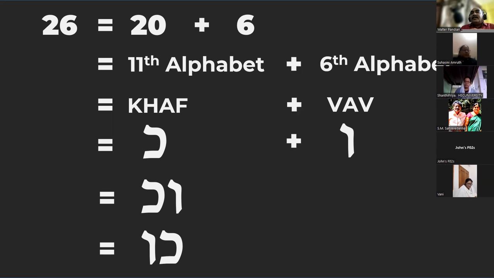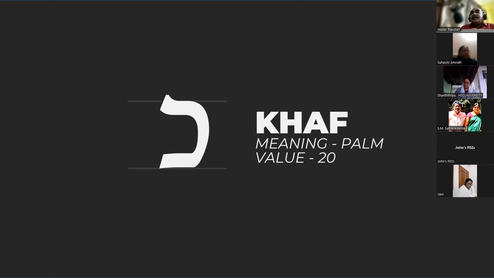The meaning of Kaf is palm. Did I say the right word in Telugu? Yes, right. Okay, I'm learning a little bit. So Kaf means palm, and it has the value 20.